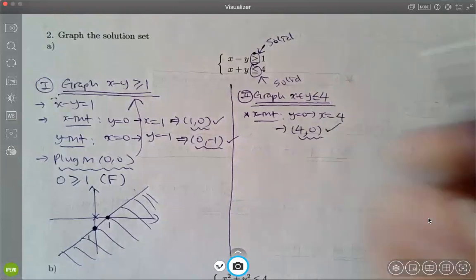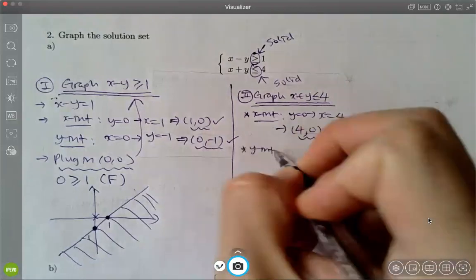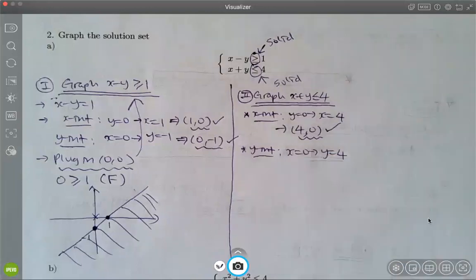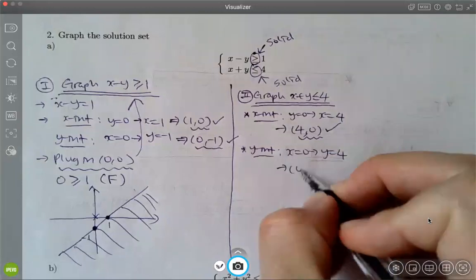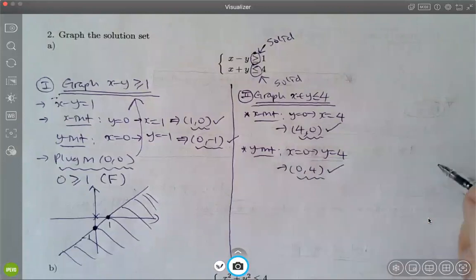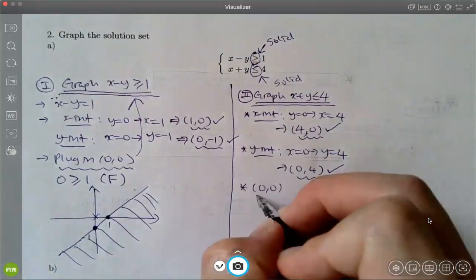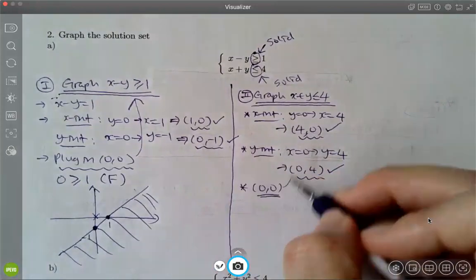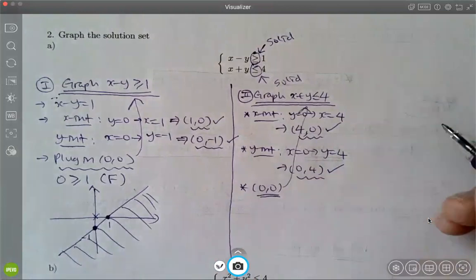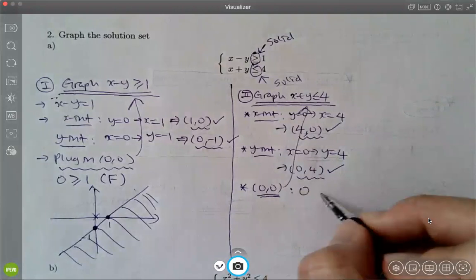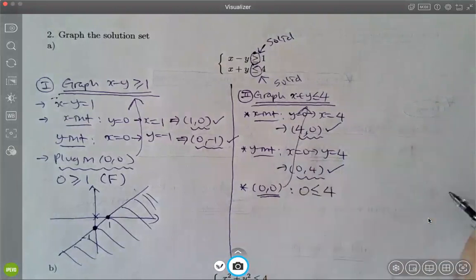For the y-intercept, set x to 0, and we get y equals 4, so 0, 4 is the y-intercept. Then plug in the origin: 0 plus 0 means 0 is less than or equal to 4. This one is a true statement.